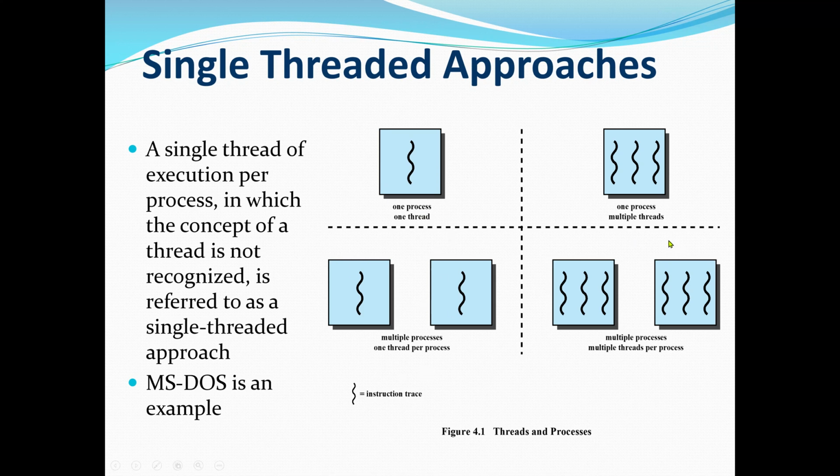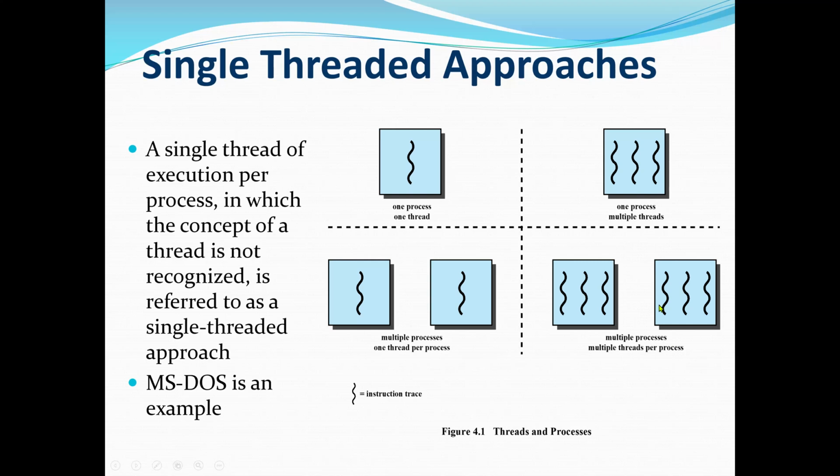On our right side, we have multiple threads: a single process with multiple threads, or multiple processes with multiple threads. Other operating systems, such as Unix, support multiple user processes, but only 1 thread per process.